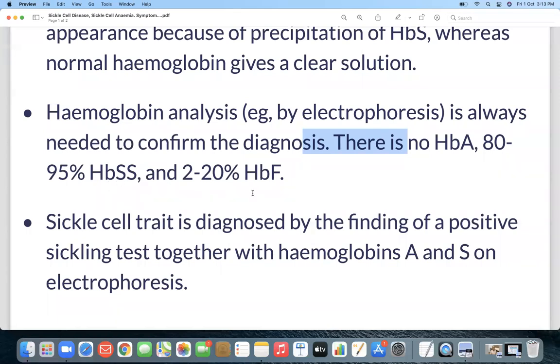So it will be in sickle cell anemia. Usually in cases of sickle cell anemia with both the genes defective, you will have 80 to 95% HbS and 10 to 20% HbF, with absolutely no HbA, or maybe very little.